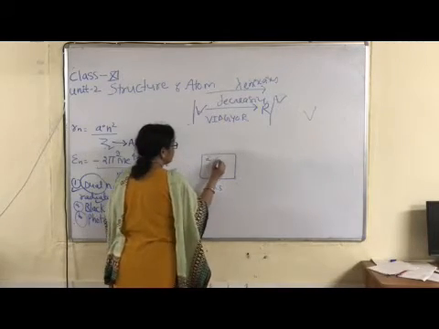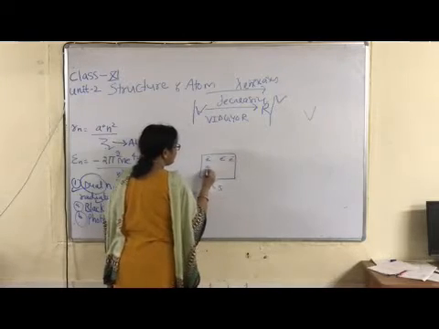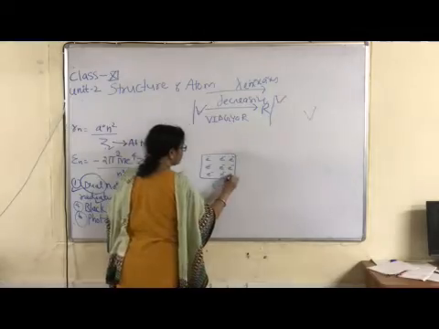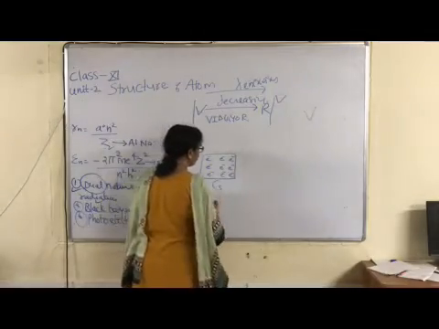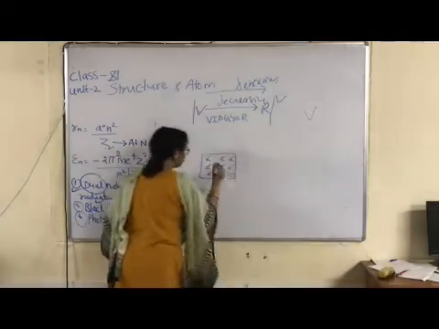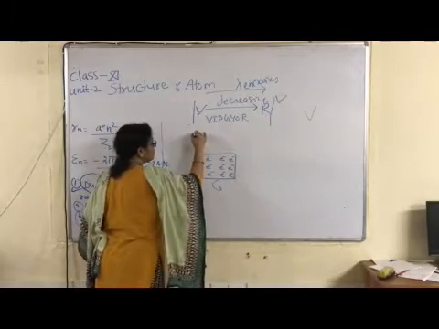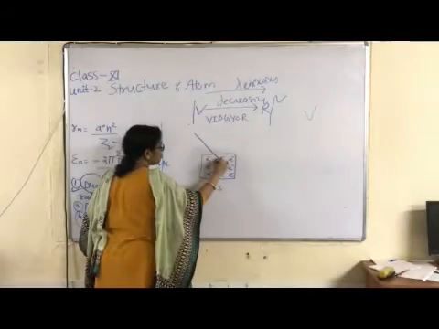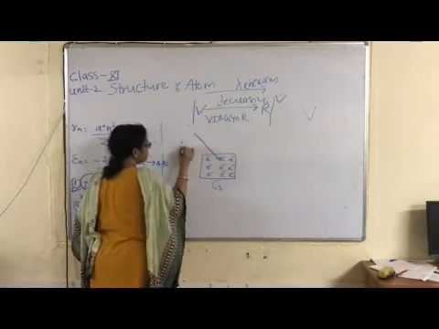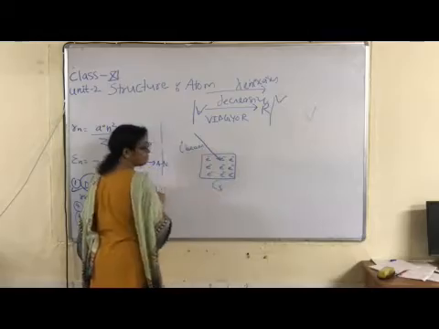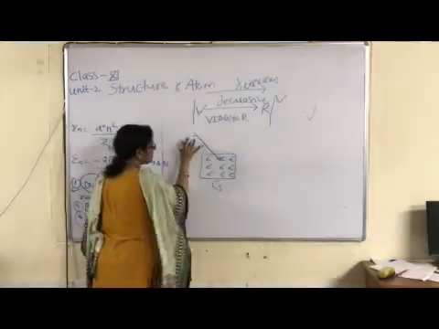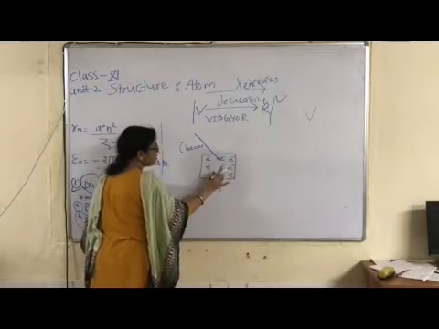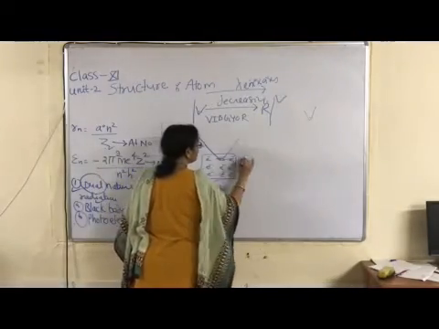You know, in any metal, free electrons are available. Metals are good conductors of heat and electricity. When incident light, this one is the incident beam or incident light or radiation, falls on the surface of photosensitive metal, then electrons are ejected.